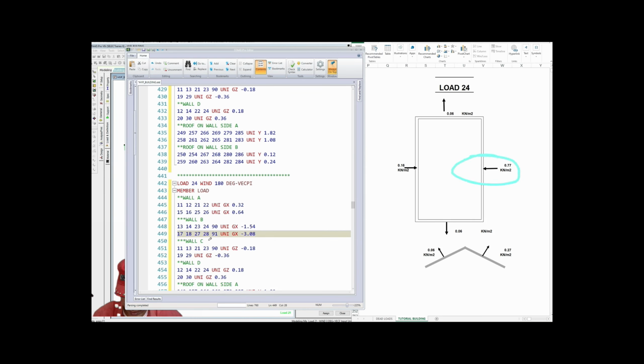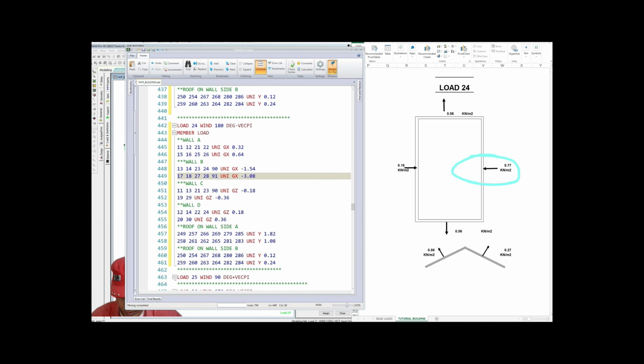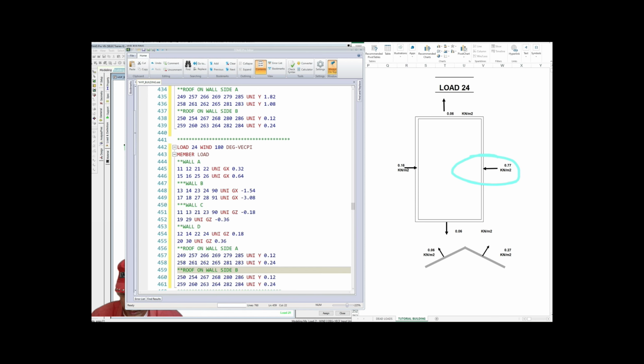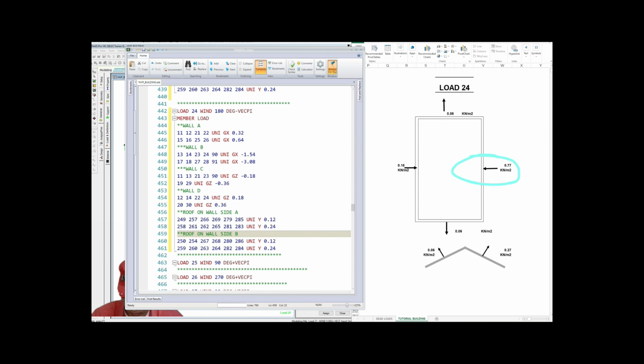On wall B, wall C and wall D remain the same. On the rafter, the side changes: 0.12 and 0.24. Then 1.82 and 1.08.